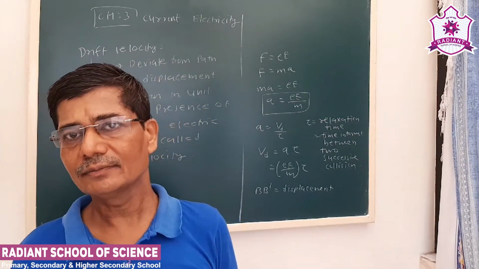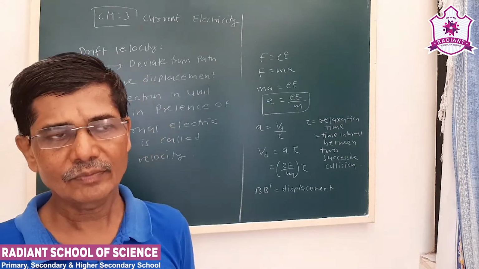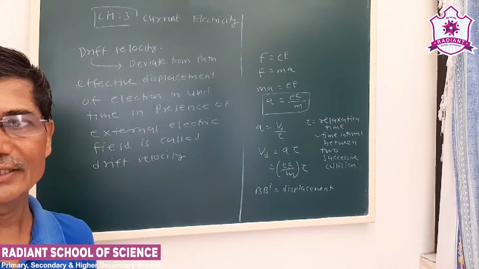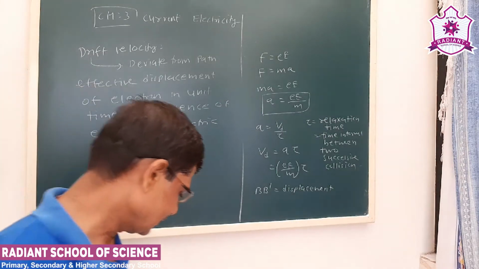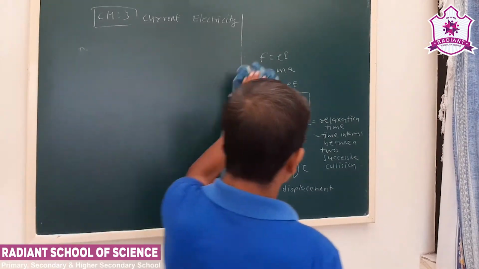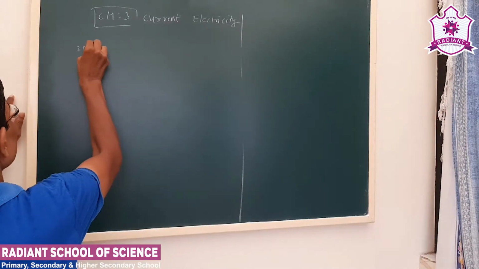Next we have to see the dependence of the resistivity on temperature. But before that, we have to see how the resistivity of a conductor increases with temperature. So this can be asked as a 2-mark question. Okay, important also.